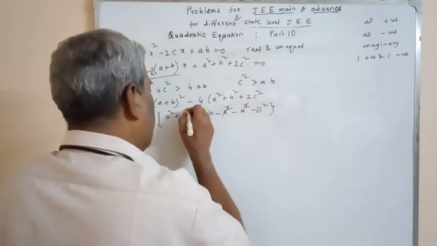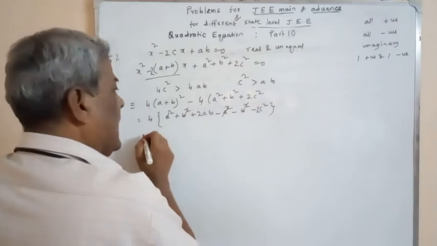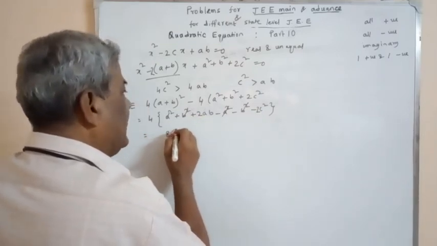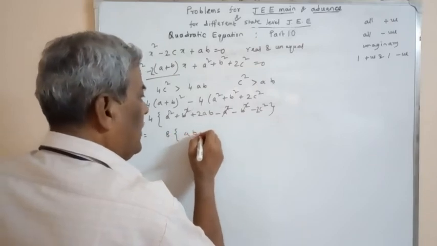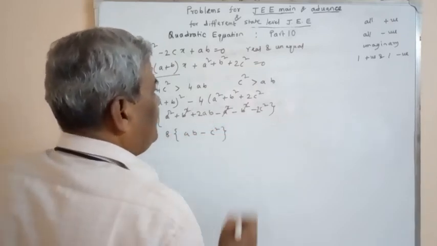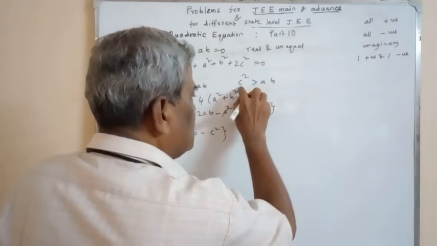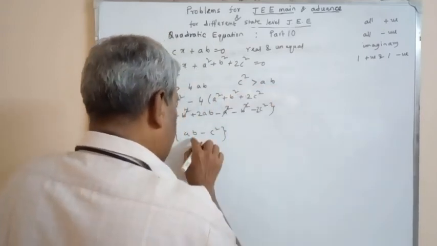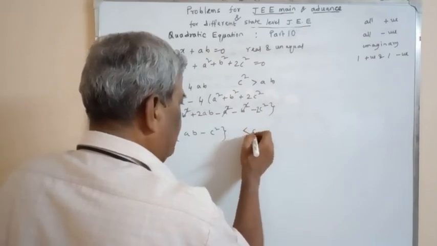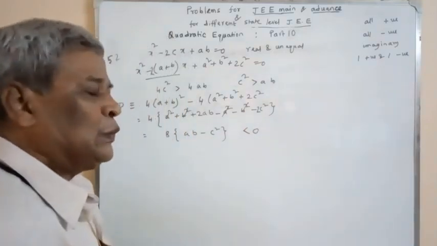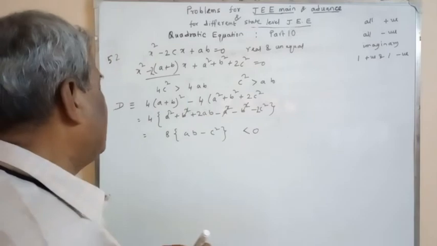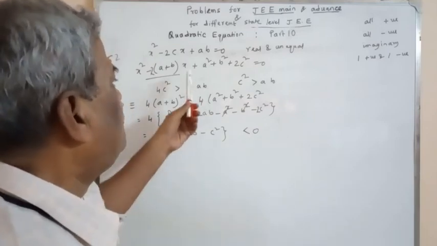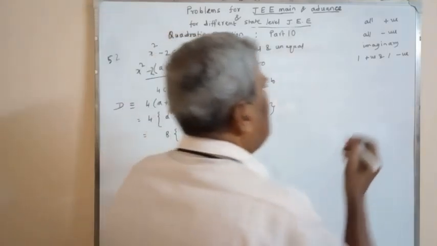So a square, b square cancel, and taking 2 common, we have 8 into (ab minus c square). But c square is greater than ab, so ab is less than c square, so it is negative. So the discriminant is negative. Therefore, roots of that are imaginary.